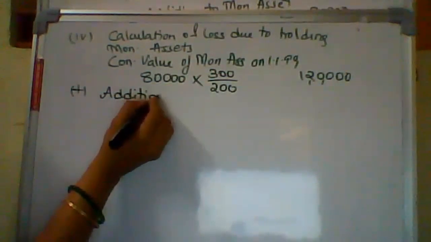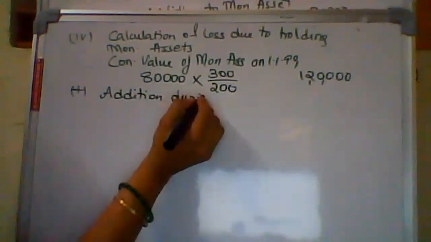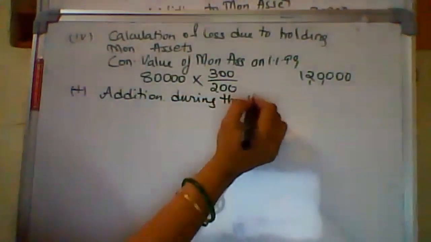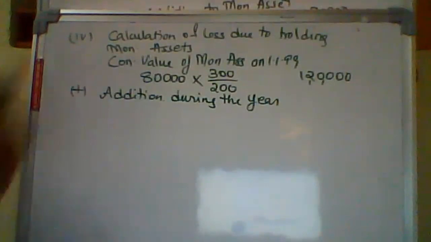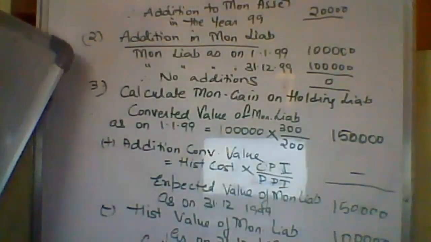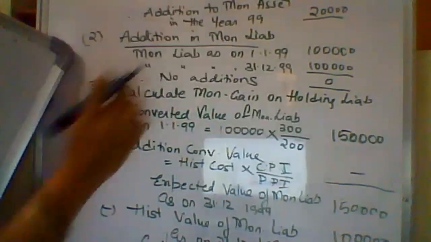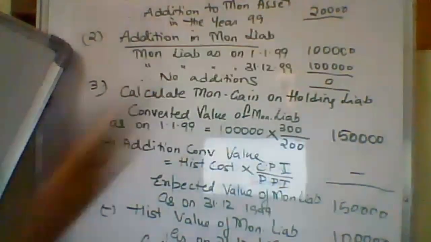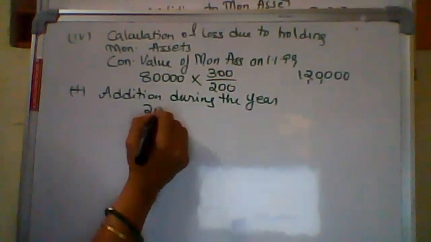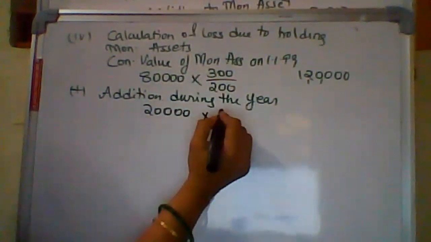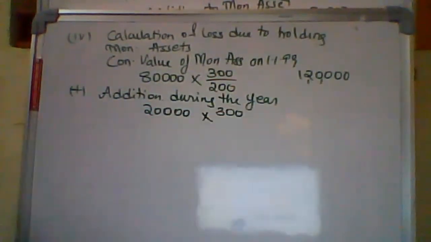Okay, next, additions during the year. Additions during the year which have come in your monetary assets, do you remember, are 20,000. So additions to your monetary assets are 20,000 into current price index 300. Remember, these are additions during the year.